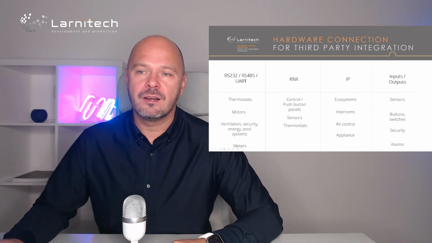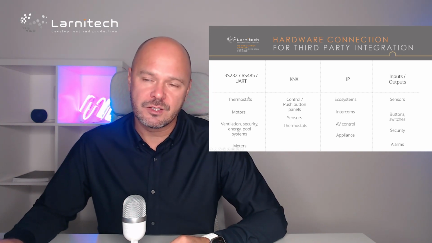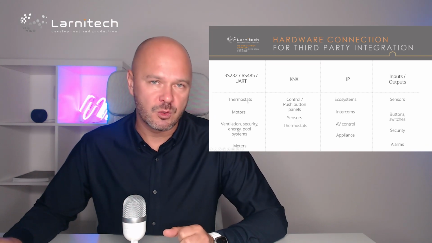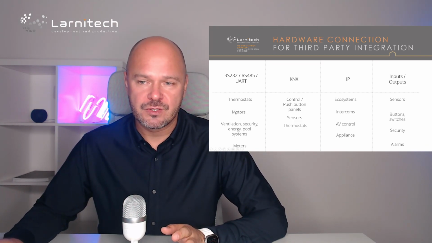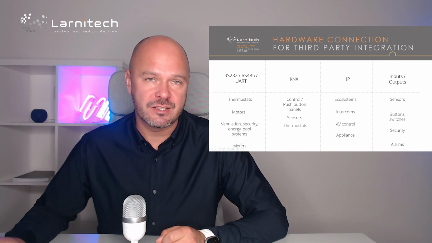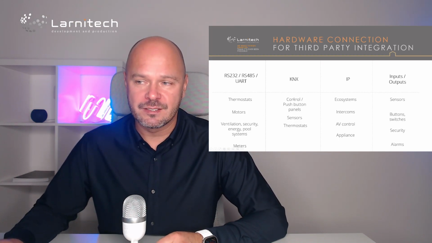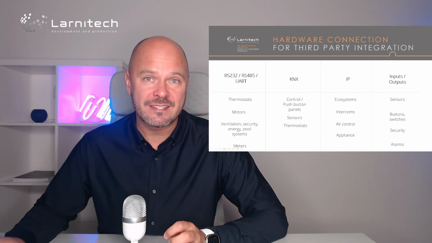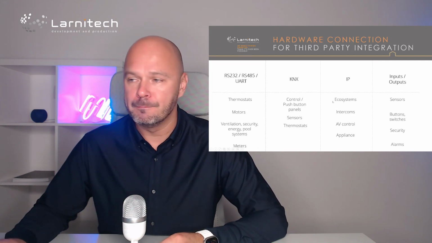Okay, so for RS-232-485 UART, you use it mostly to connect to thermostats and motors and ventilation security and so on, and to meters also. And KNX is used for push button and control panels and for sensors and thermostats, so some of them are compatible.